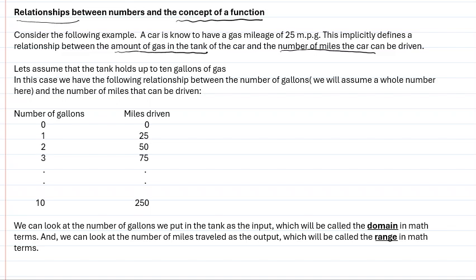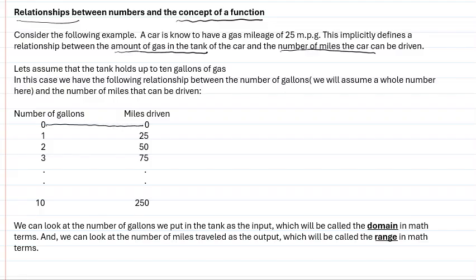In this case, we have the following relationship between the number of gallons, and we're going to just work with whole numbers here, because you could have a half gallon, 3/4 of a gallon, 2.4 gallons, whatever. Just work with whole numbers here. And the number of miles the car can be driven. So if the tank is empty, we're not getting anywhere.